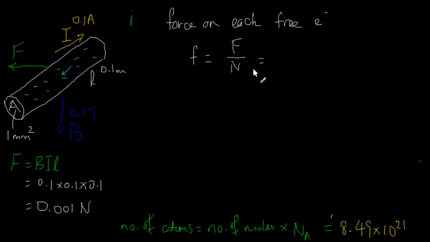And we know the total force, it's 0.001 Newton, so 0.001 divided by the total number of electrons, which is this, 8.49 times 10 to the power of 21.